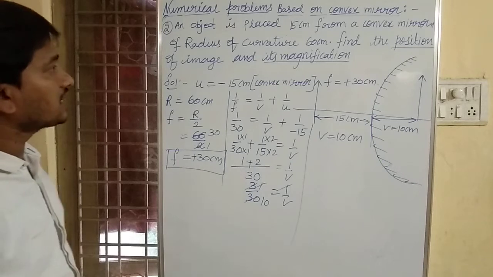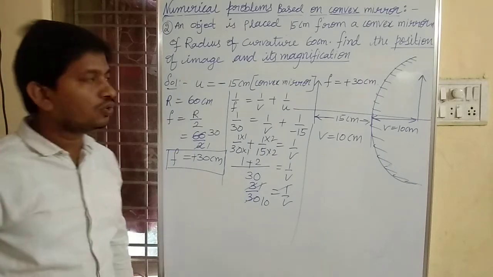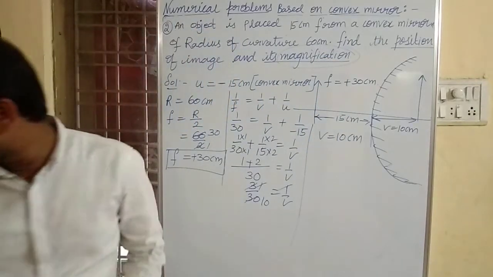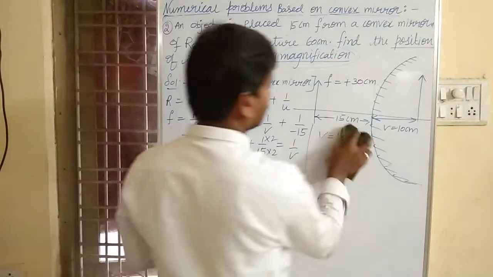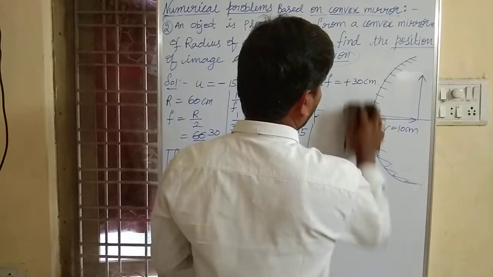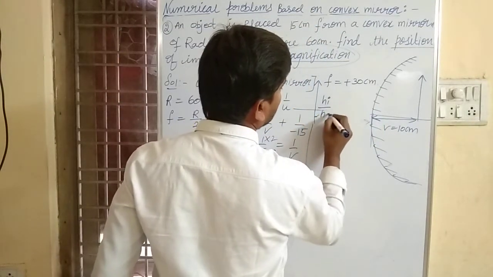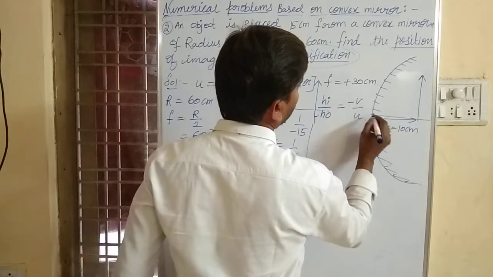That is the position of the image, and they are also asking to find out its magnification. We have the formula magnification m, that is hi by ho equal to minus v by u.